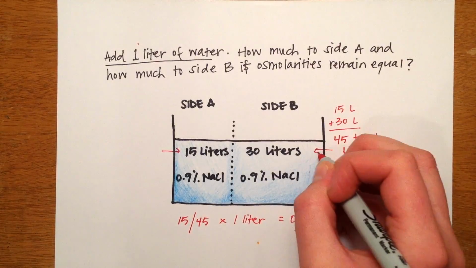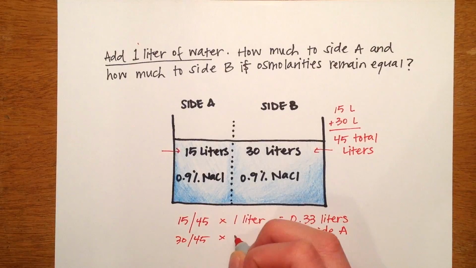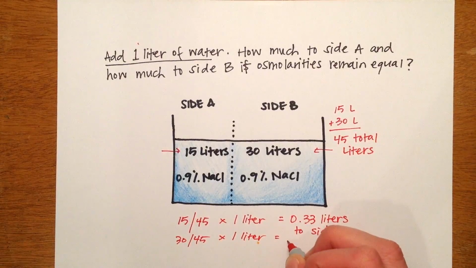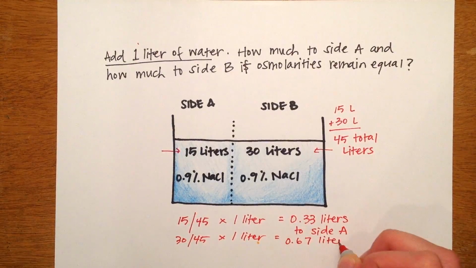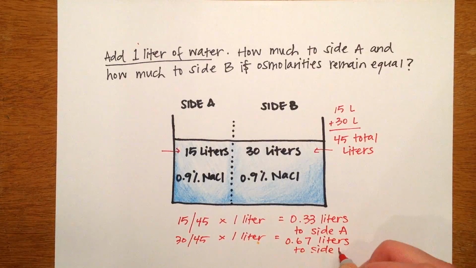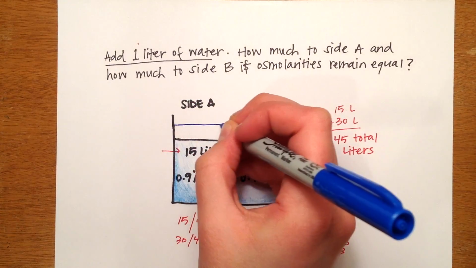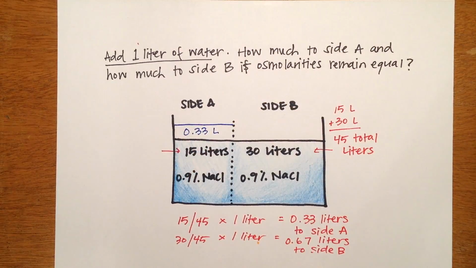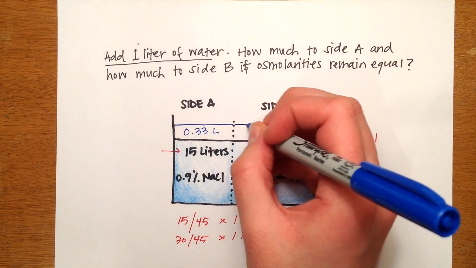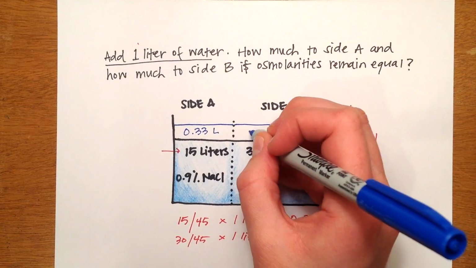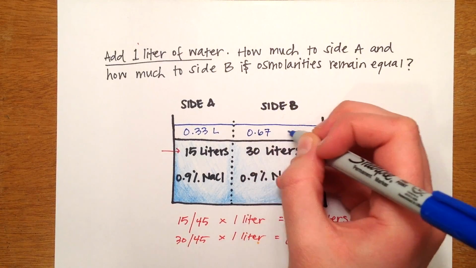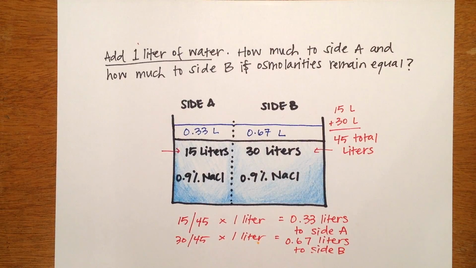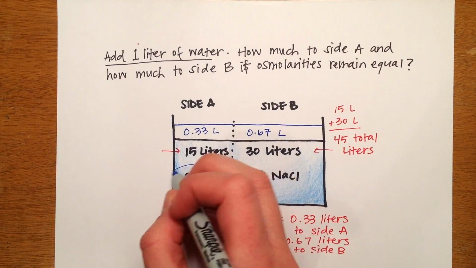And then we'll do the same thing with the 30 liters on side B. So 30 divided by 45 times 1 liter, and so that's about 2/3 of the liter to side B. So when we add the 1/3 of the liter to side A and the 2/3 of the liter to side B, that makes it so that there's an overall volume increase in both places, but it stays as a 0.9% sodium chloride solution on both sides as well.